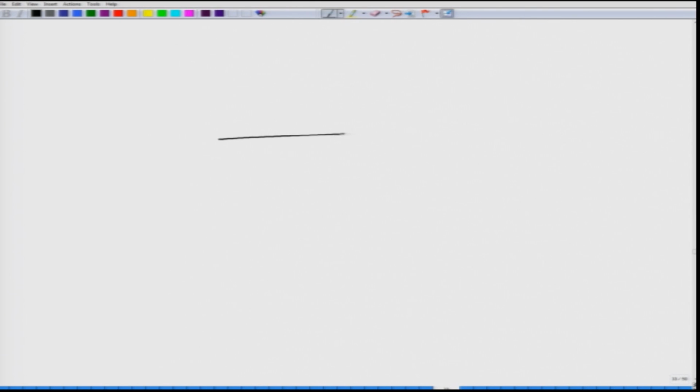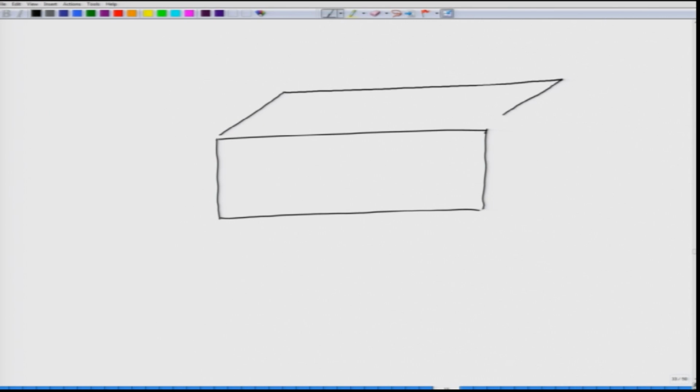So, say for example, I am drawing a box here. It has its own dimensions, I am not getting into that. So, this is the box and most of the sides are of glass or mostly synthetic, transparent plastics.